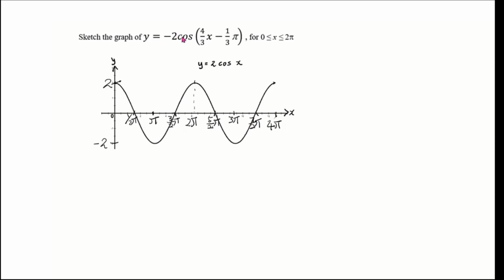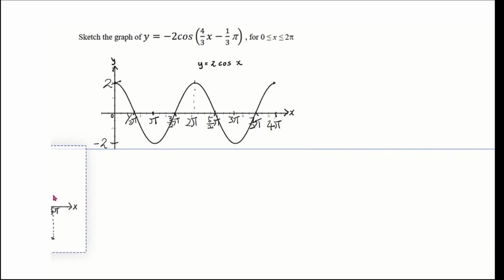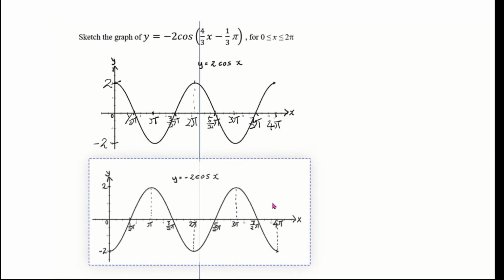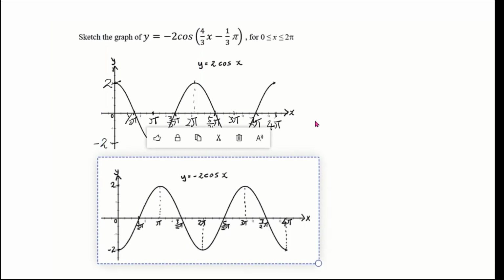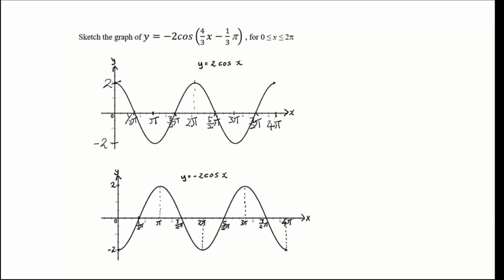Then because this equation has got a negative in front, this is a y coordinate transformation. Negative means we need to do reflection by using the x-axis as the line of reflection. So after doing the reflection, we will get the graph here.